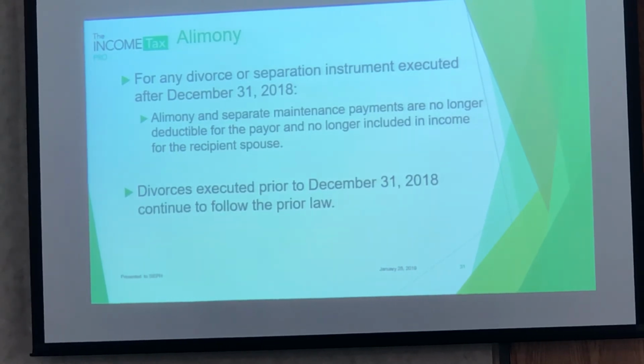So you subtract that from gross to get adjusted gross income, and then the spouse receiving the money has to declare it as income. Now, no more adjustments. The spouse getting the money is getting it tax-free, and you're shelling it out and paying taxes on it.